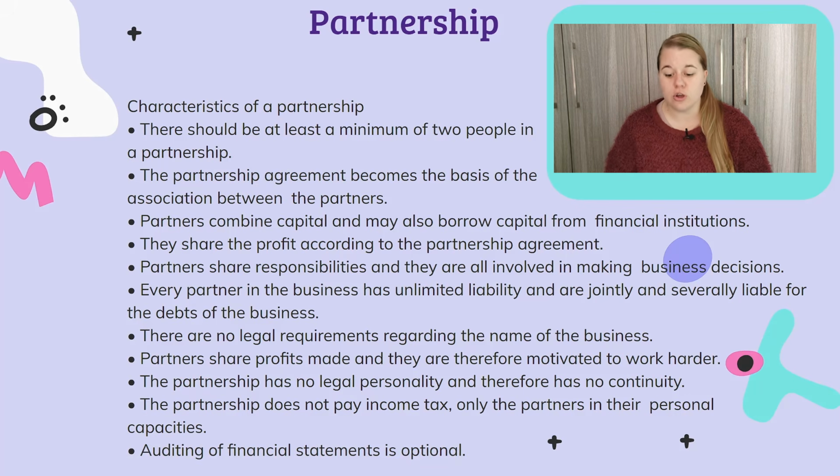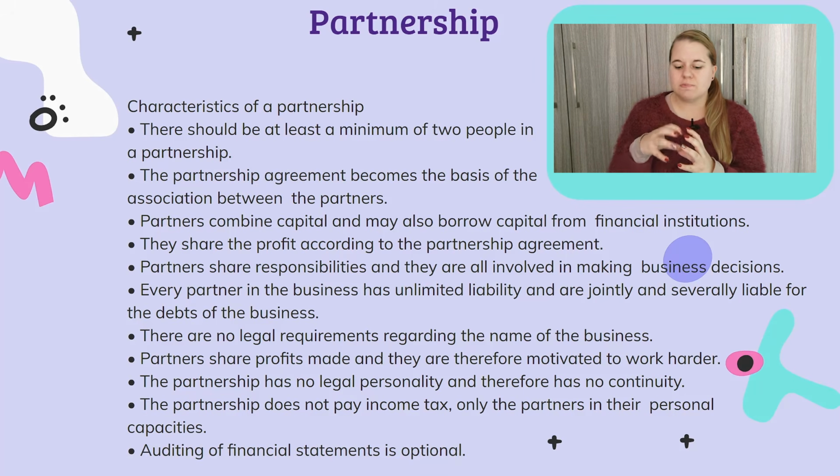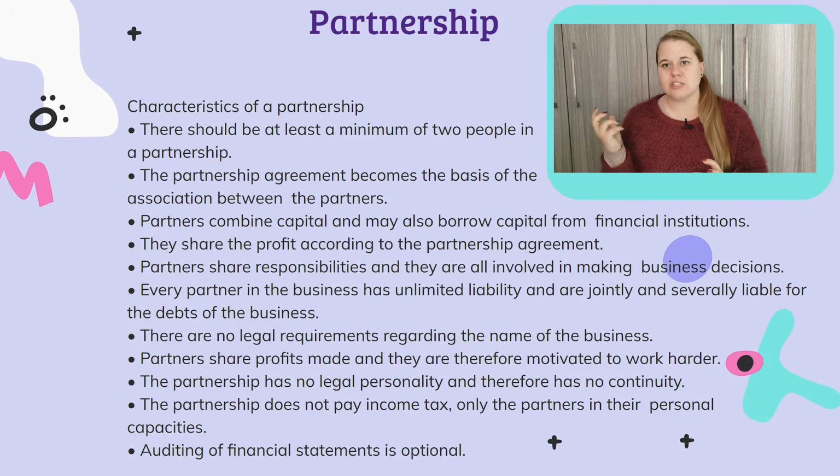The partners have no legal personality, and therefore there's no continuity. Okay, legal personality meaning, okay, when a person is registered, they are a legal person, legal entity. Because this business is also not registered, it's not seen as a legal entity by itself, it comes with the business.